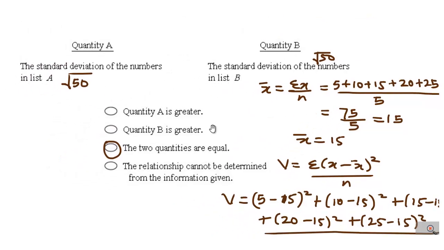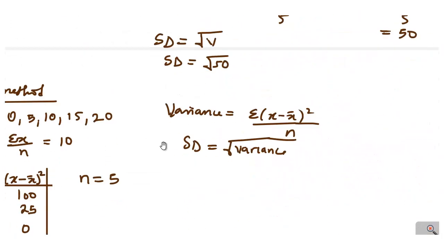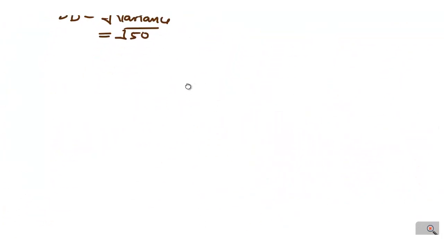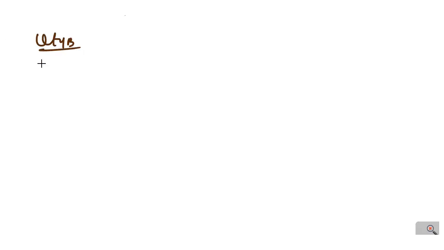Then let's move on to quantity B. So let me list the data items for quantity B. For list B, we have 5, 10, 15, 20, and 25. And we have gotten the mean from the previous explanation, which doesn't change, to be 15.